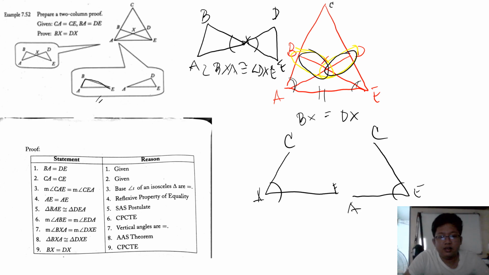Pwede rin naman definition of vertical angles. Pero dapat doon, kung definition siya, papakita mo muna yung equality ng figure. Pero ito kasi nakalagay na dito ay measurement. So, ang state ng book natin ay vertical angles are congruent. Pero pwede naman, walang problema siya. So, as long as connected siya, hindi naman siya questionable.